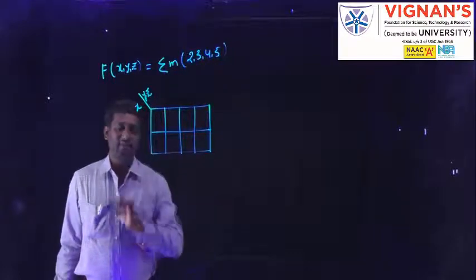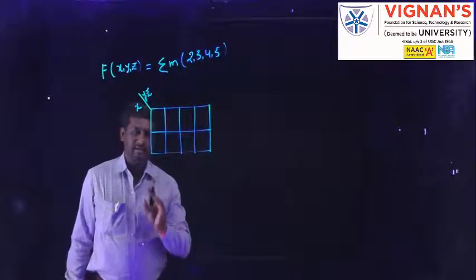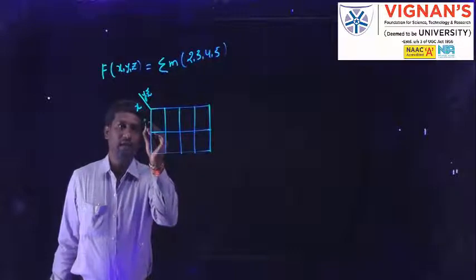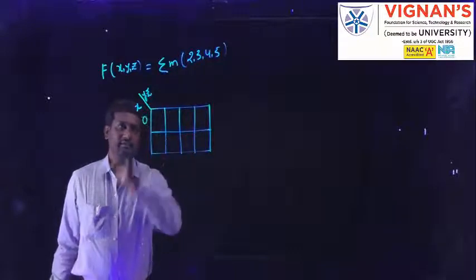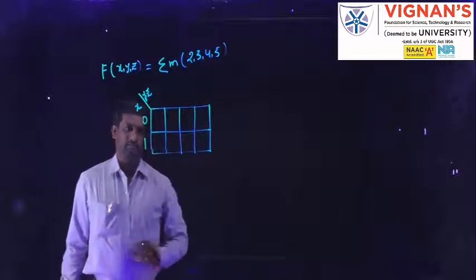With x as a variable, the number of combinations is 2. Those combinations are 0 and 1. That's why this is the 0 column, and this is the 1 column.